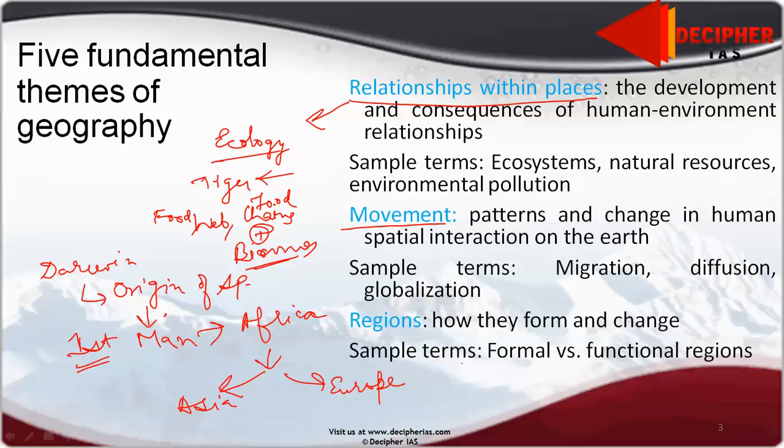We also know about the old world and the new world. Have you heard about it? Old world and new world. Sorry, the new world is North and South America. The old world is Asia, Africa and Europe. Movement has been happening historically, and because of that migration we have spread throughout the world today.